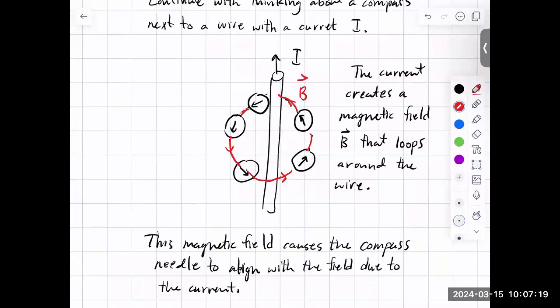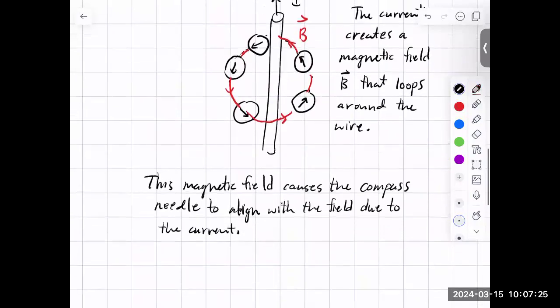And the compass needles would flip their directions by 180 degrees. So let's just make a note of that.